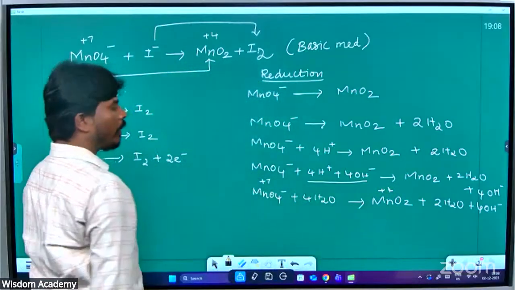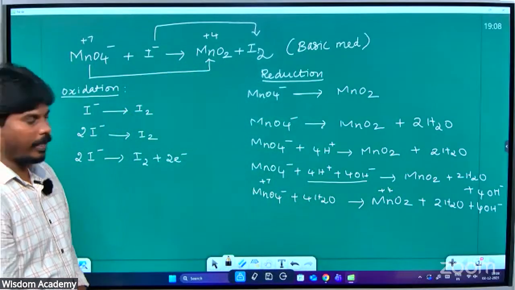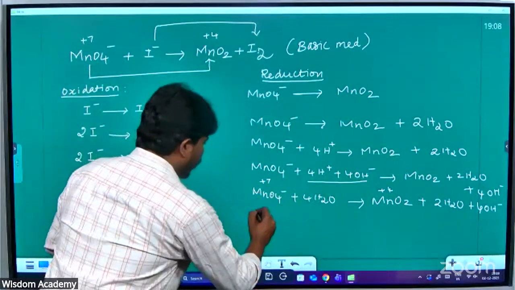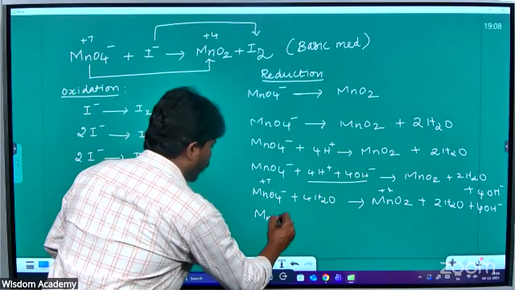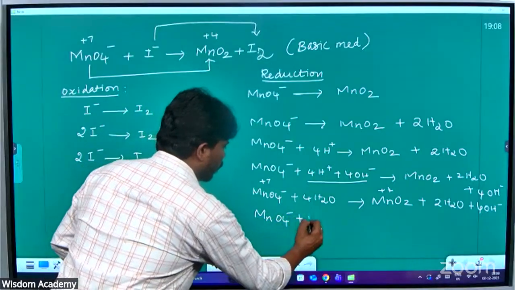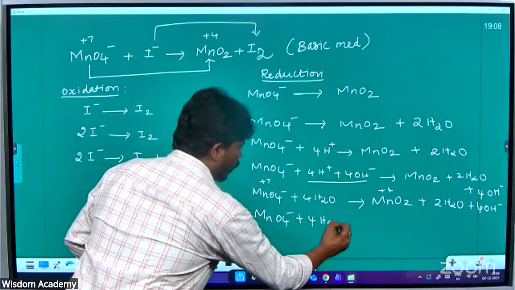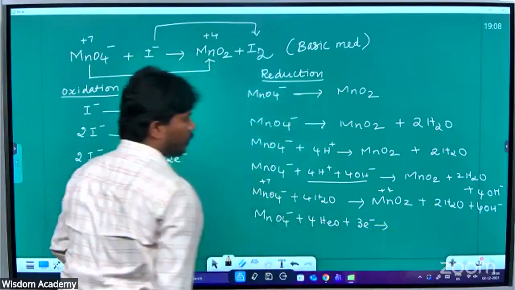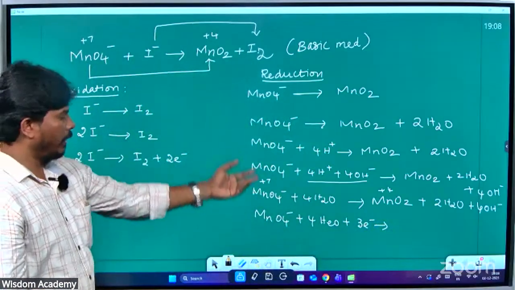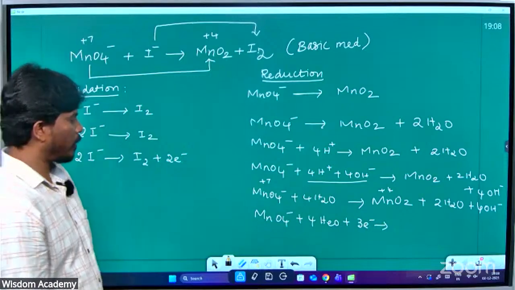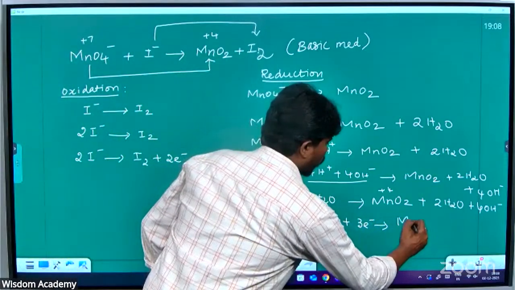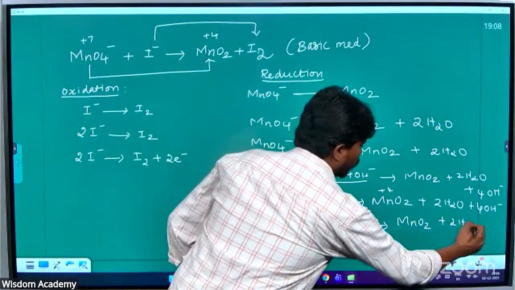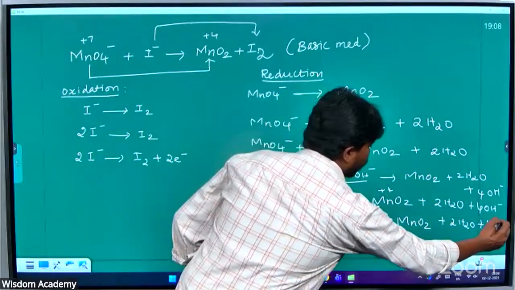The electron difference is 3 electrons. Only one species is involved, so no need to multiply. You just add 3 electrons on the reactant side, since during reduction electrons are accepted. MnO2 plus 2H2O plus 4OH minus.